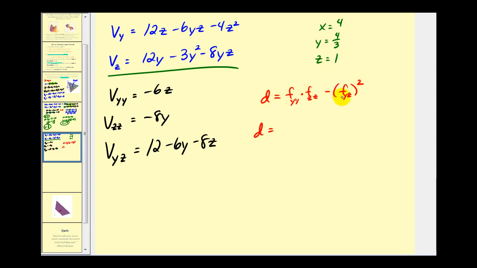And now we'll determine the value of d using these second order partials. Given x is 4, y is 4/3, and z is equal to 1. So the second order partial with respect to y, when z is 1, would be negative 6.